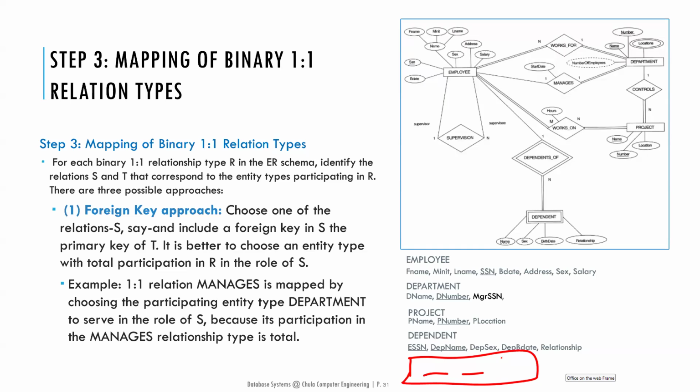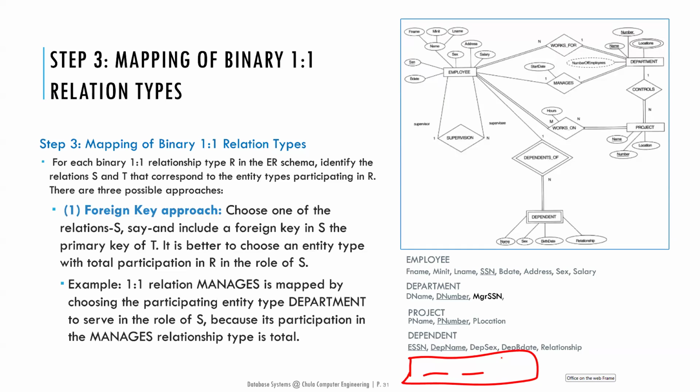The second option is good when both are total participation. So when both are total participation, you merge the two relations together. But once you merge the two relations together, you have to have the key for the new relation, right? For this big relation, the key would become the key from both sides. So you now have a composite key as your key, right?